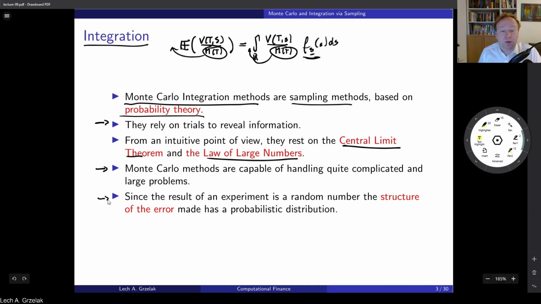Since the result of an experiment is a random number, as I just mentioned, the error will also have a probabilistic distribution. This is also what I mentioned a few seconds ago, that the distribution of an error we would like to control somehow. So by choosing certain settings in Monte Carlo simulation, we can control, let's say, the variance of the error. Of course, we would like to have the variance of the error as small as possible.